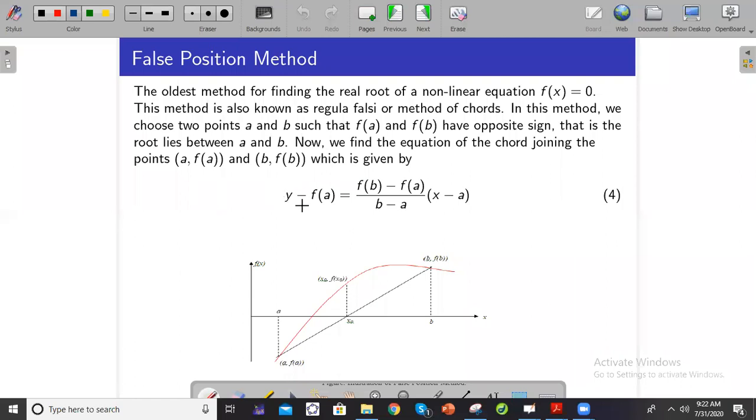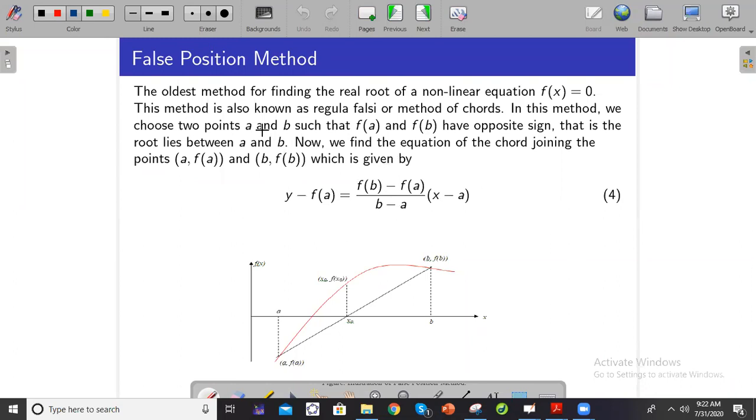Y value 0 minus f of A equals f(b) minus f(a) over b minus a, times x equals x naught minus a. What do we find? x naught. After simplification, we are going to find x naught. x naught is our first approximate solution.